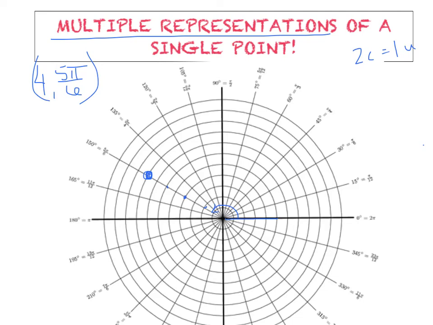So as we try to come up with multiple representations of that particular point, we're going to play with the angles, we're going to play with the r values. One of the things that I can do is rotate clockwise instead of counterclockwise. What if I rotated negative 30 degrees, okay? And then once I rotated negative 30, what if I walked backwards instead of forwards?